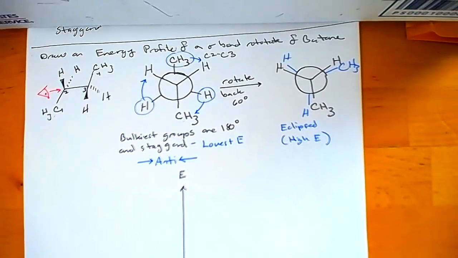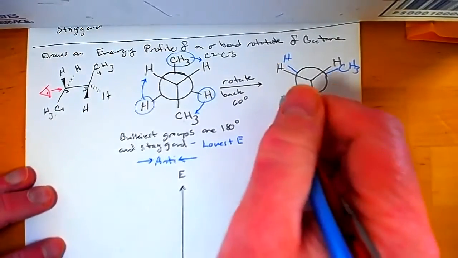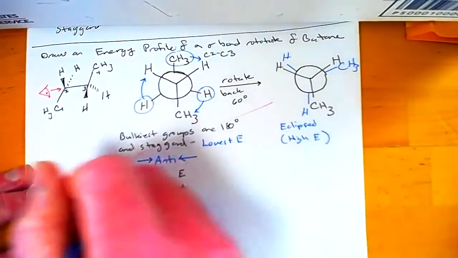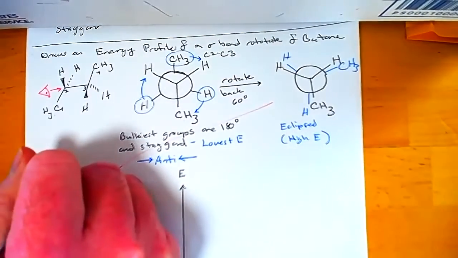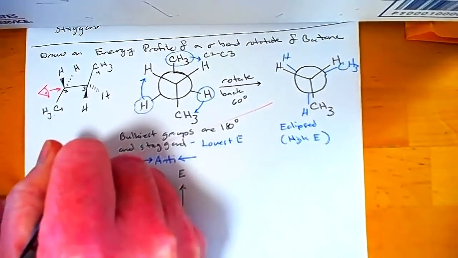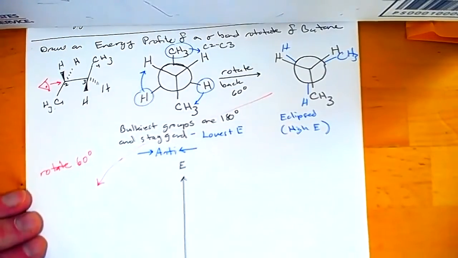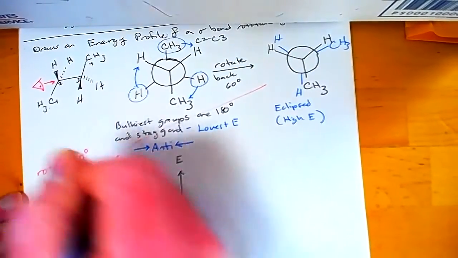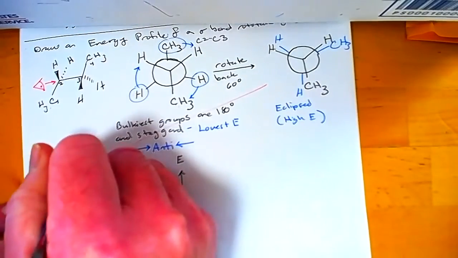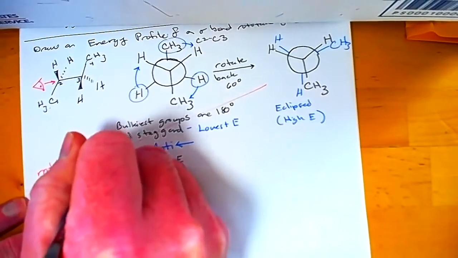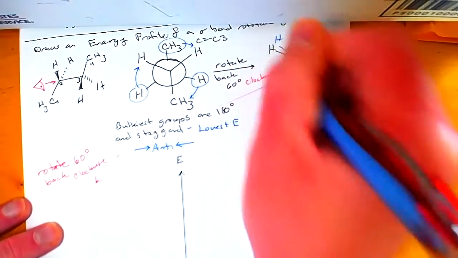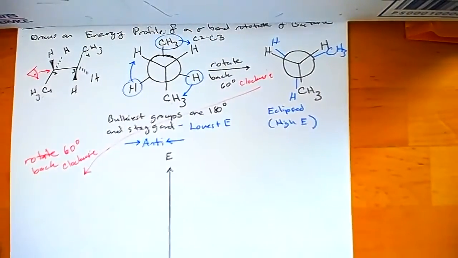Okay, now what I want to do is I want to take this structure here and I want to rotate that structure another 60 degrees. Okay, rotate the back 60 degrees. And I guess what we're doing is we're rotating clockwise, so let's just go ahead and say that we're doing that. So we're going to rotate the back 60 degrees clockwise. So let's draw out what that would look like.